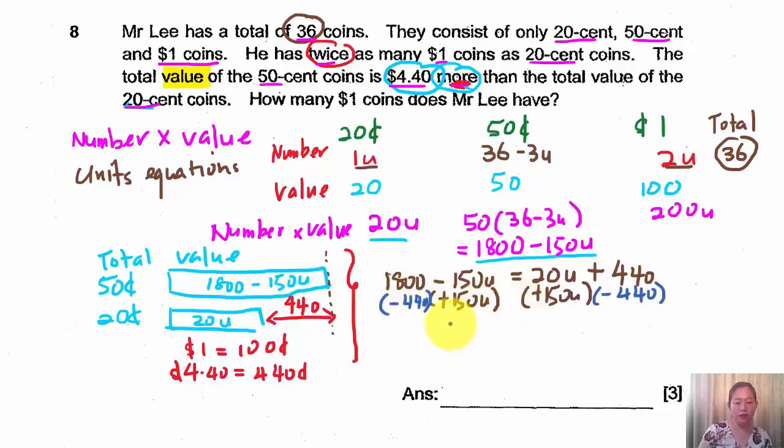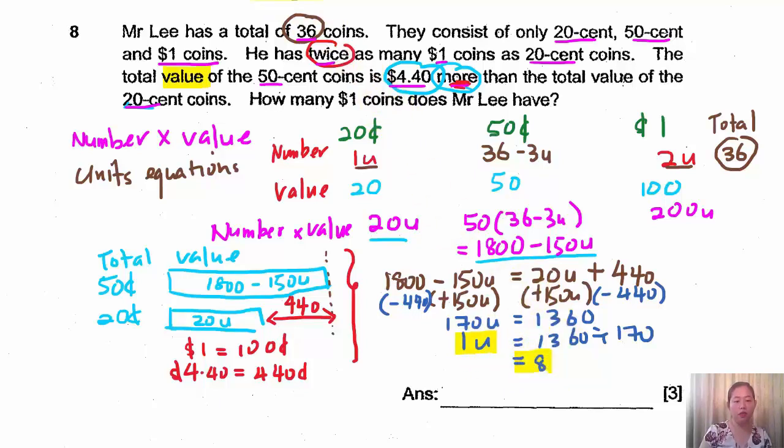Now the answer will be 170 unit is equal to 1360, and therefore 1 unit is equal to 1360 divided by 170, and it will be 8. I always emphasize that 1 unit is very important. 1 unit is equal to 8.